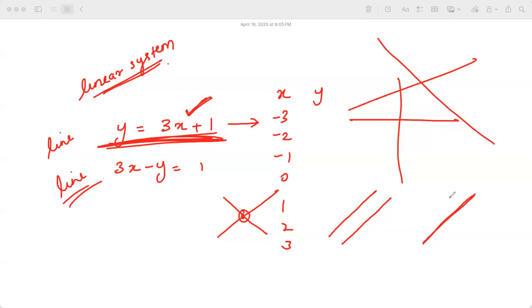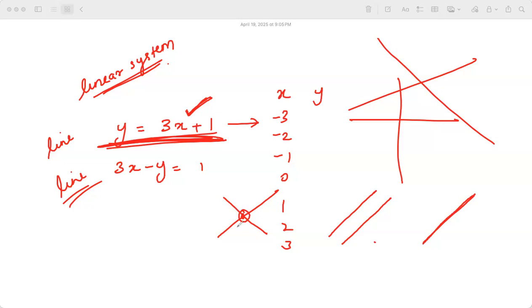Only three possibilities are there. The lines can intersect, the lines can be parallel, or they can fall on the same points. Am I making sense till here?